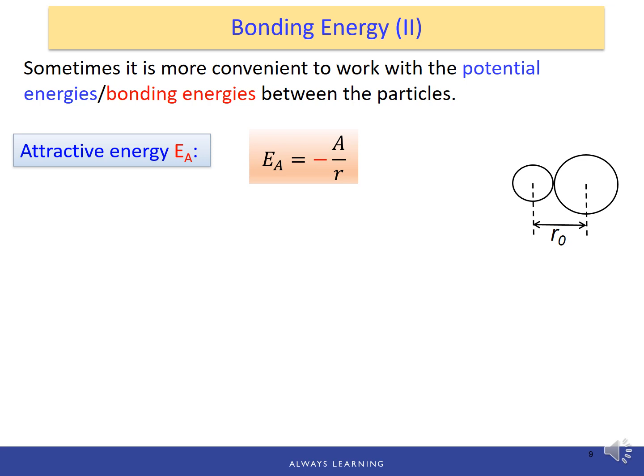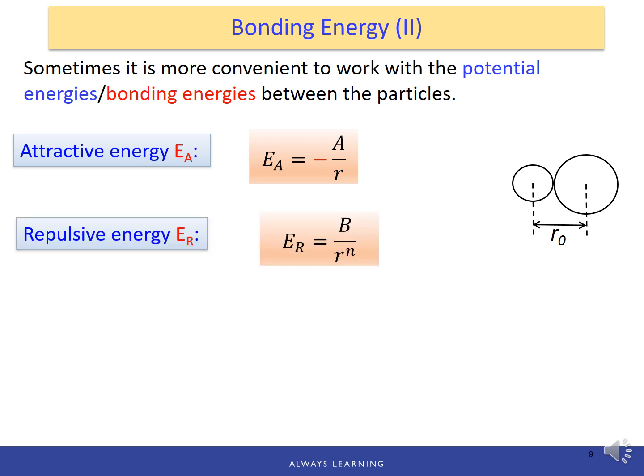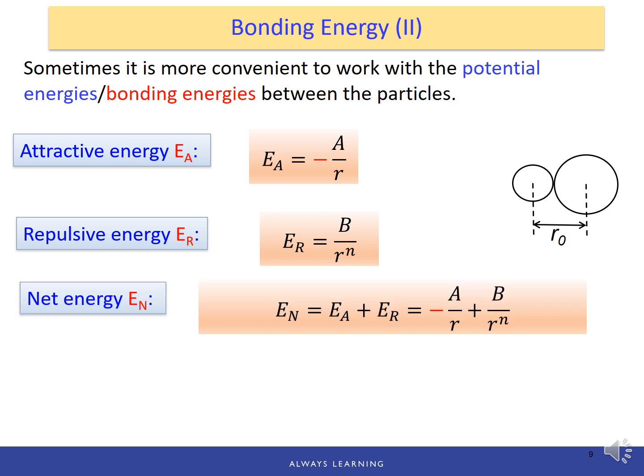So it's a property. And repulsive energy E sub R is a positive energy based on the sign convention, and ER equals B over R to the power of N, where B and N both are constants as well, which will be given when you have certain materials.